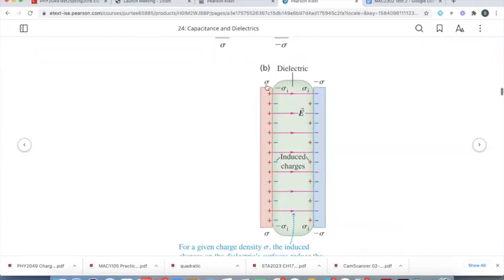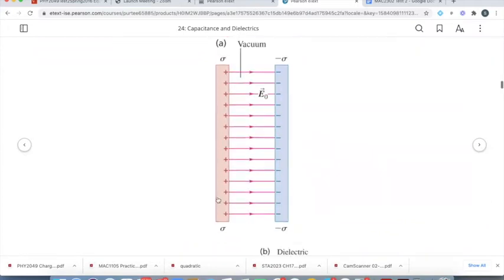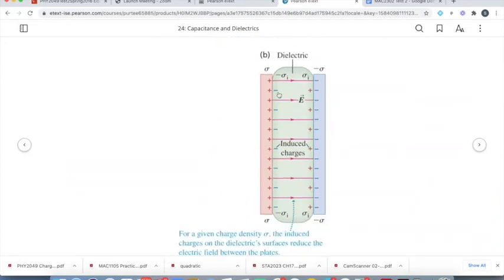I had a bunch of positive charges over here on the left. Because this dielectric material allows a little bit of charge to flow around, some of the electrons will drift over and try to hang out with these positive charges, leaving some positive charges over here. That decreases the electric field inside here, which decreases the voltage, which means I can get all these positive charges to hang out with less work.